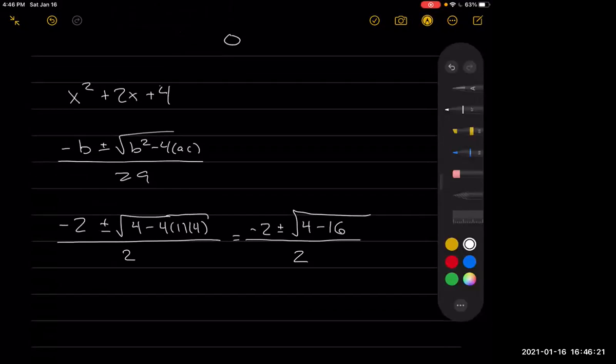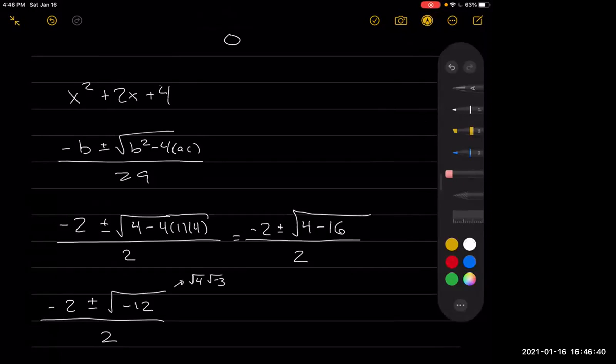So then this will give us negative 2 plus or minus the square root of negative 12.